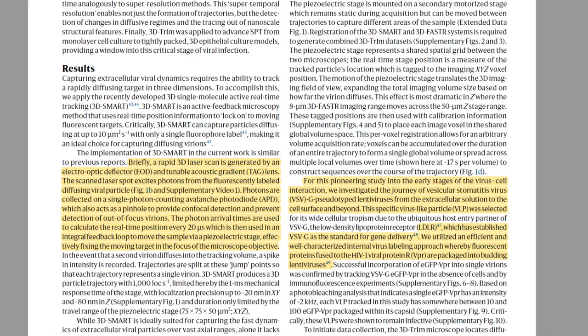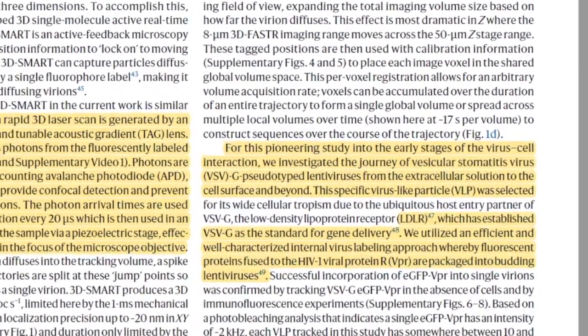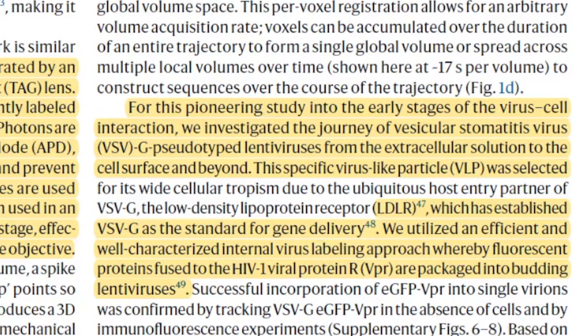Instead, they made a viral-like particle, and they chose a specific genetic makeup because they say that this particular viral particle, which is completely laboratory man-made, has a tropism, which means that it infects different cell types. Okay, so it's sort of convenient in a sense, I suppose, from their point of view. And then they said it's been established as a standard for gene delivery.